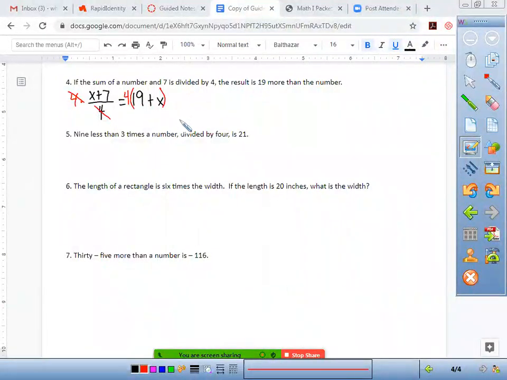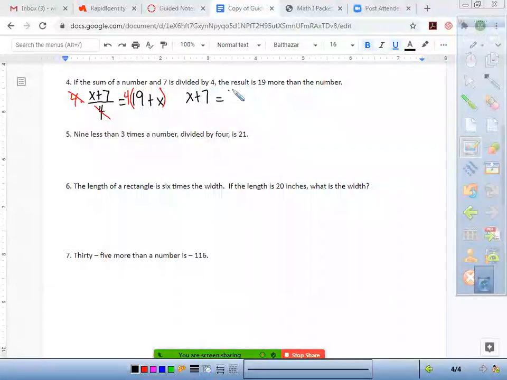Okay, so it's going to be x plus 7 equals, so you said I get 76 plus what? 4x, because I got to distribute this to both of those.